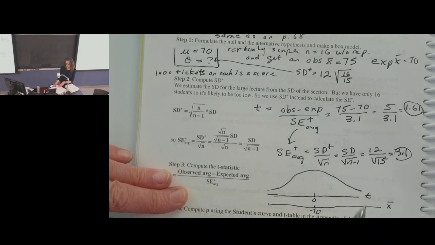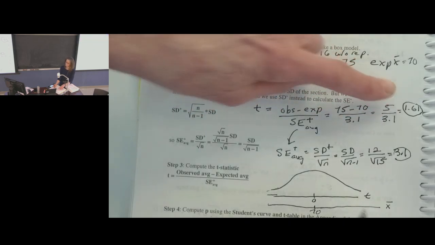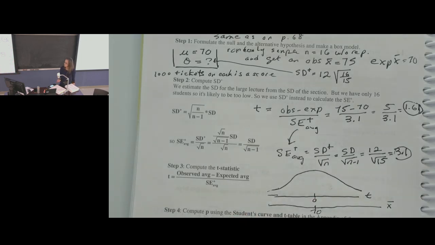And we want to know where to place 75 on here. How far out do we go? And this is how far out we go. That's what it tells us. 1.61. Okay?